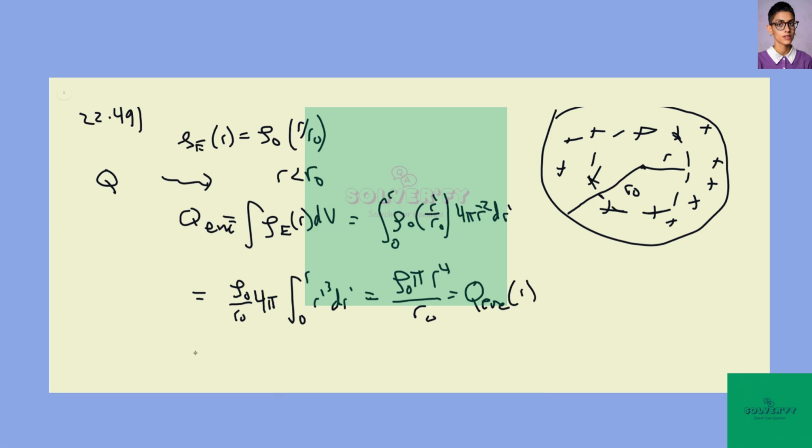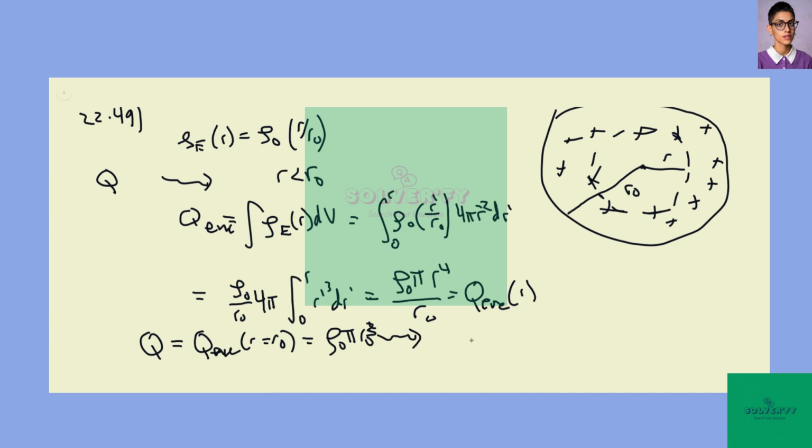So now we can write this in terms of the total charge. So we know that Q equals Q enclosed at r equals r naught. So that is rho naught pi r naught cubed.